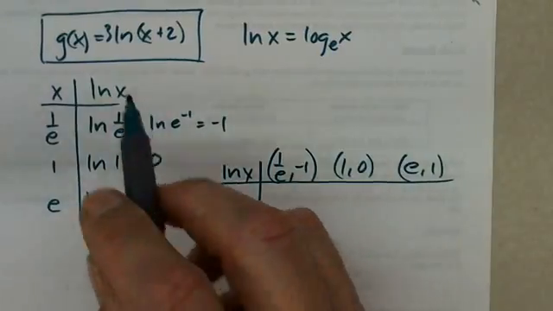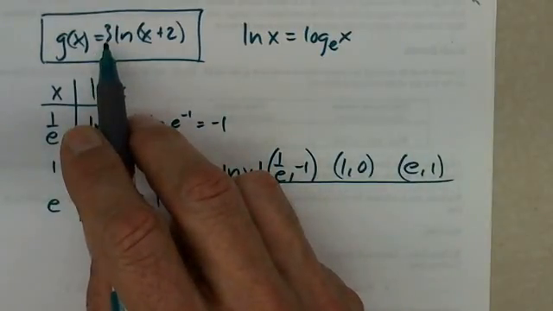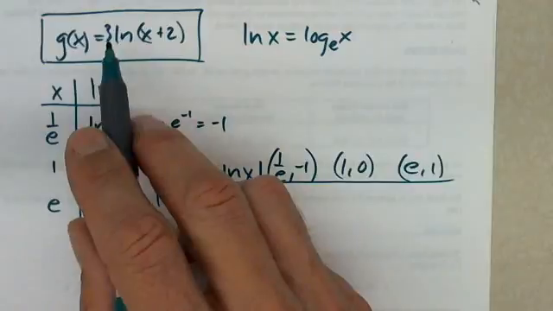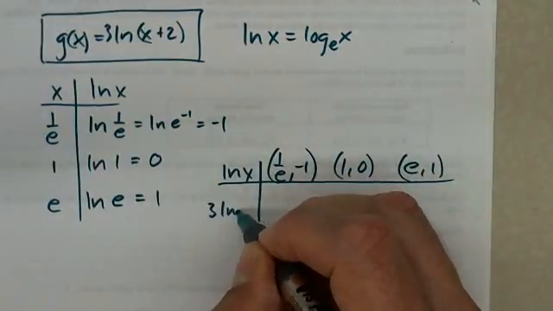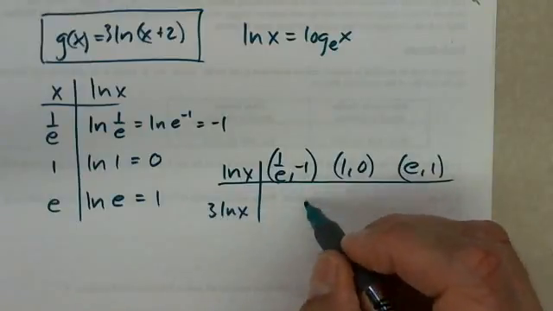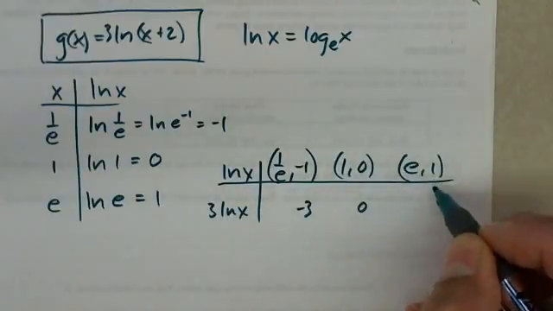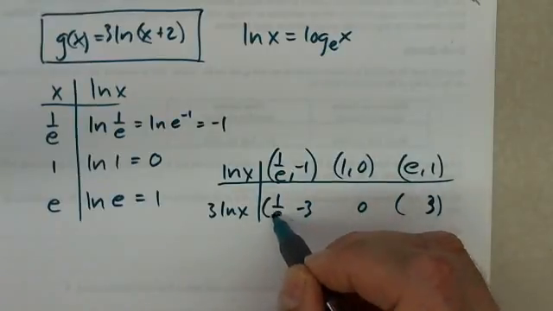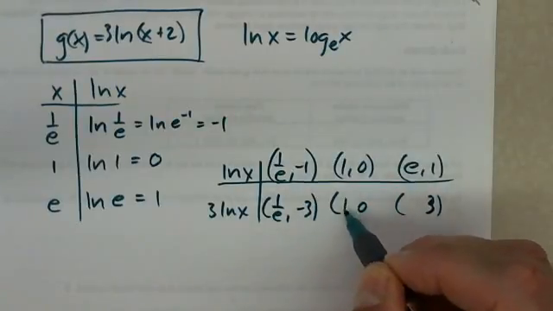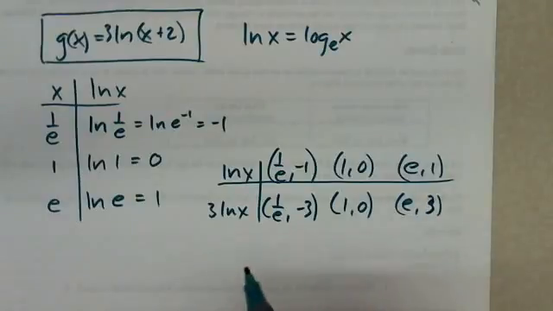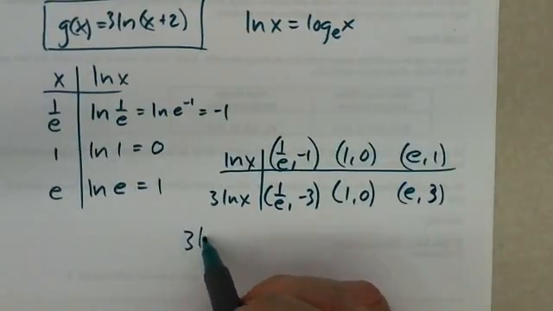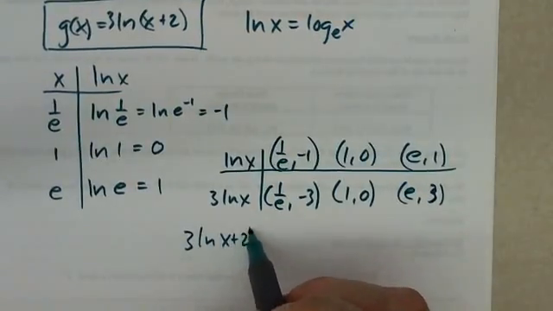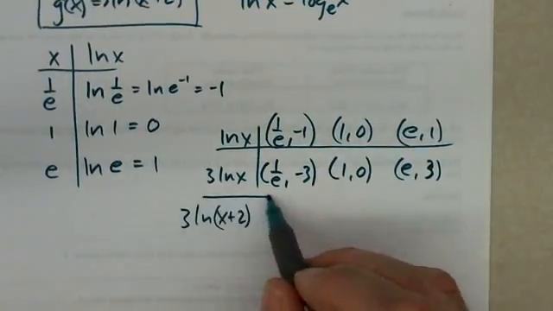And then we have an outside and an inside. Let's just be safe. We're going to do the multiplication first. Multiply the y value by 3. And then we're going to do the inside.